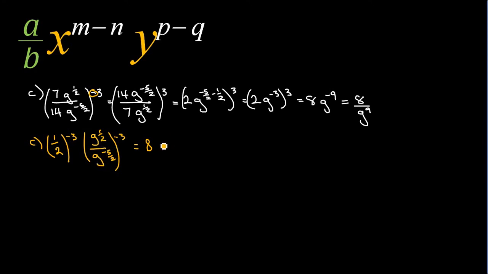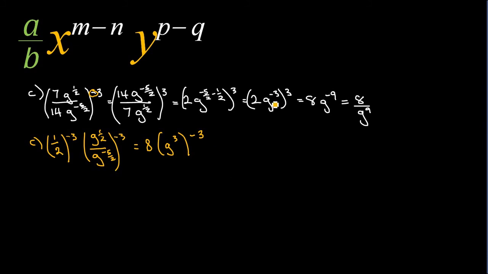So let's keep that minus 3 for the moment outside the brackets, and inside the brackets take a half and subtract minus 5 over 2, so that would be adding 5 over 2, which gives us 6 over 2, which is 3, to the minus 3.